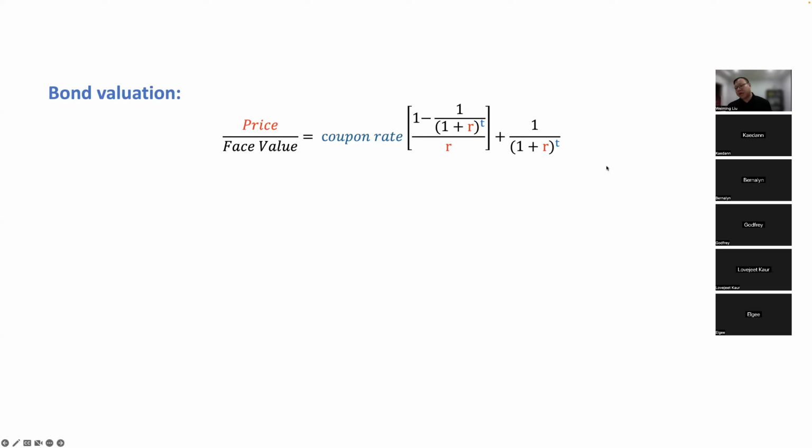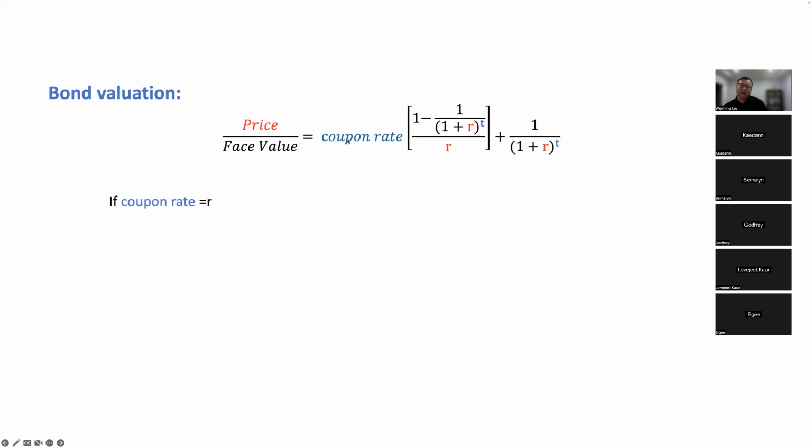So what's the bond price? The bond price will be determined by the face value, the coupon rate, and the R, which is the discount rate or the market rate. And T is the time, the number of intervals in the timeline.